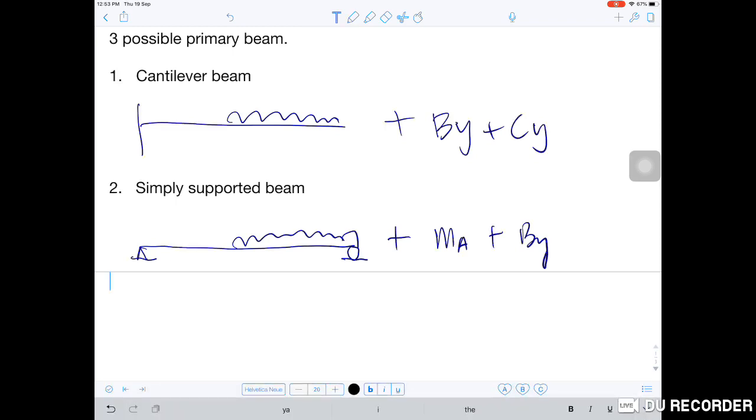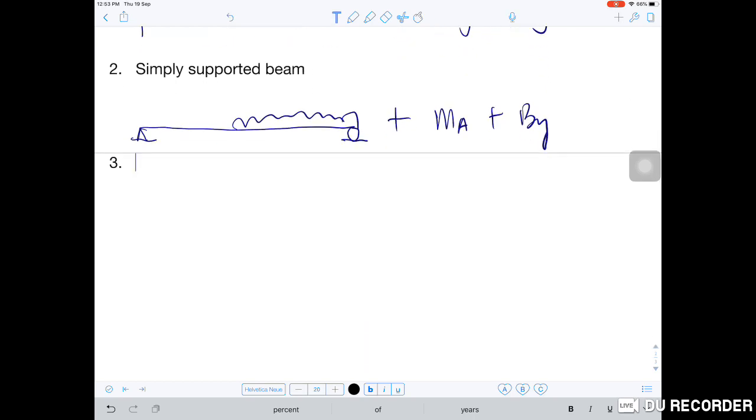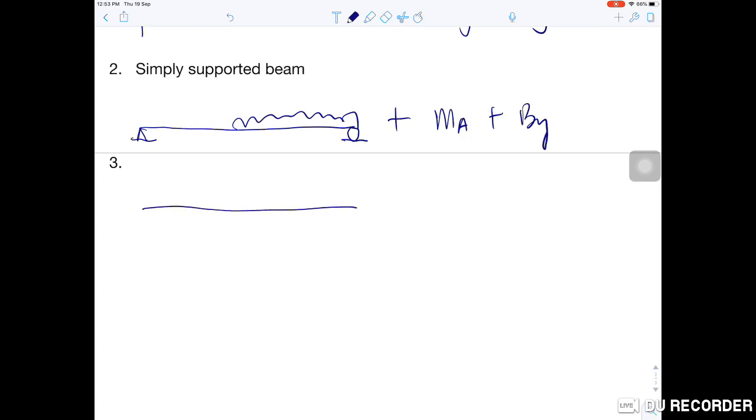Okay, next we have the third possibility. Again, a simply supported beam. The third one is like this, plus MA plus CY.